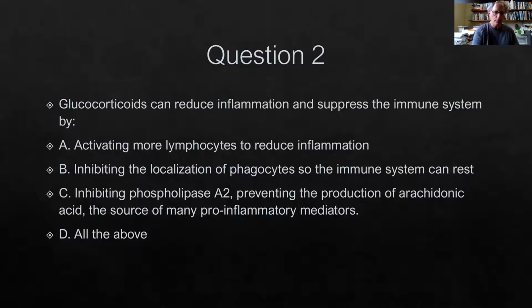C, by inhibiting phospholipase A2, preventing the production of arachidonic acid, the source of many pro-inflammatory mediators. D, all the above. The answer is C. Glucocorticoids do not do A or B, they do C.